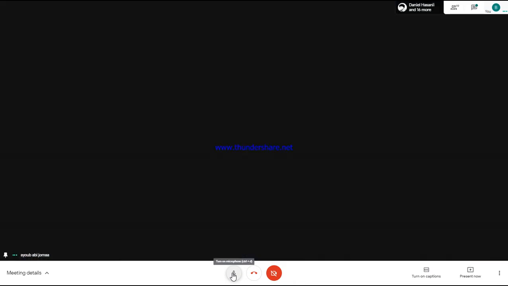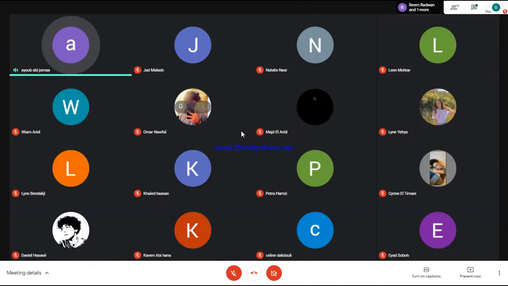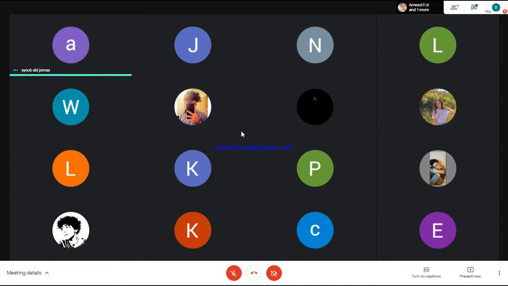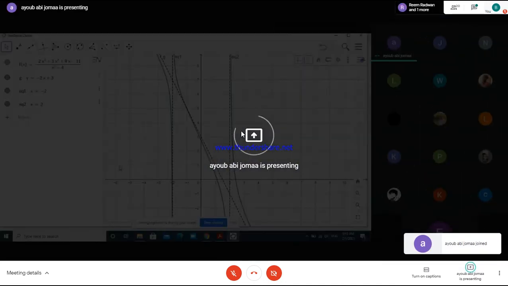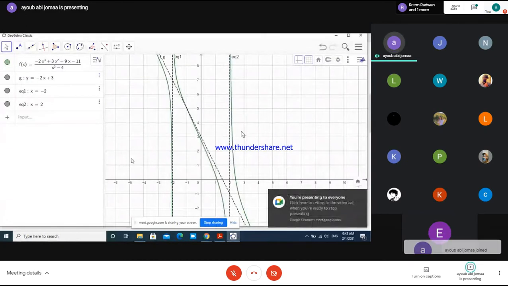Okay, just to show you the graph of this function and the asymptote, you compare it with this table. Can you see the graph here?